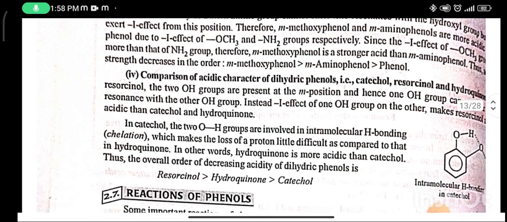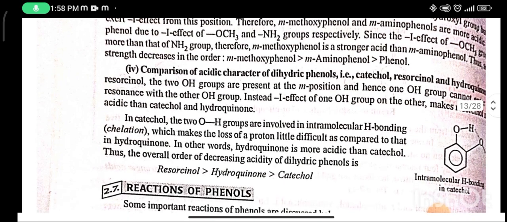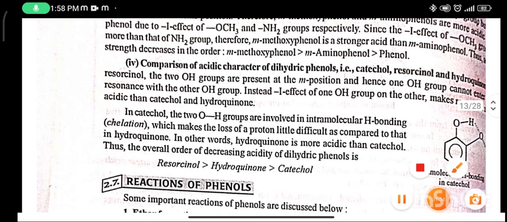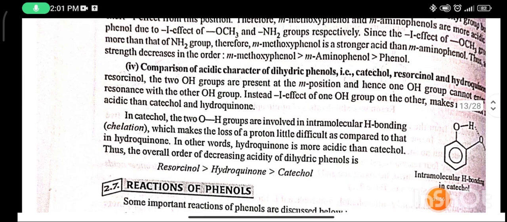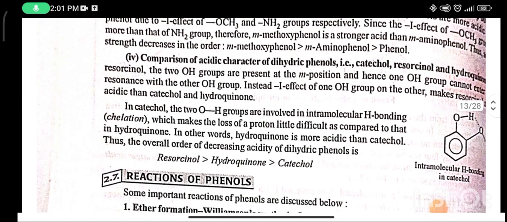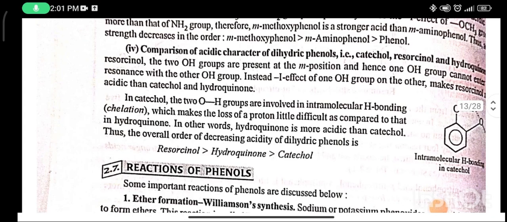Since the -I effect of the OCH3 group is more than that of the NH2 group, meta-methoxyphenol is a stronger acid than meta-aminophenol. The strength decreases in the order meta-methoxyphenol > meta-aminophenol > phenol.